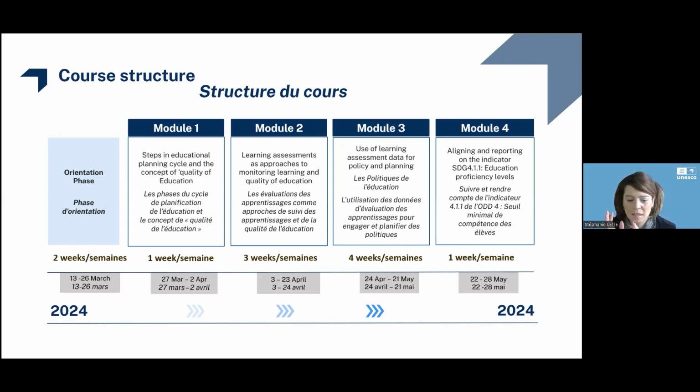Lastly, in module 4, we are going to look at a rather special, very important field, how to follow up and how to report on the indicator SDG 4.1.1. So this is the education proficiency levels.